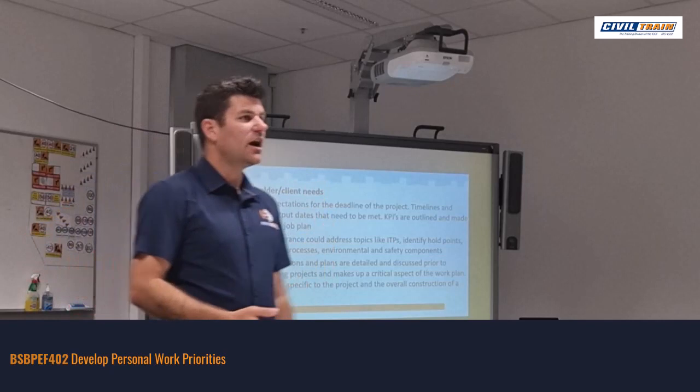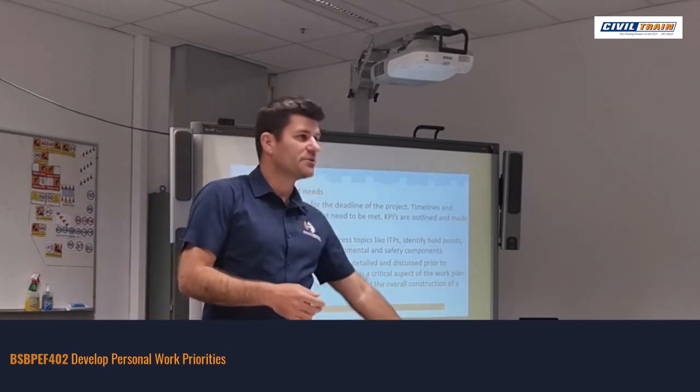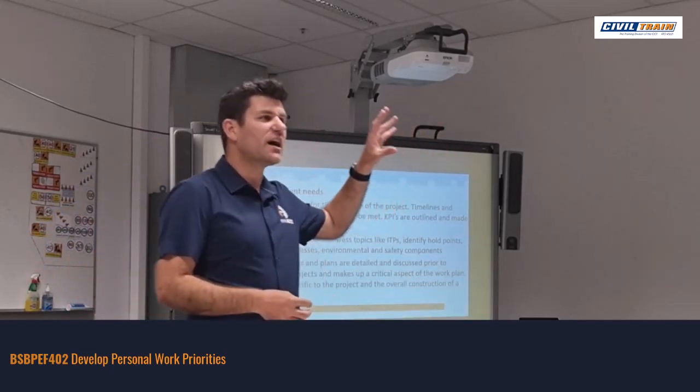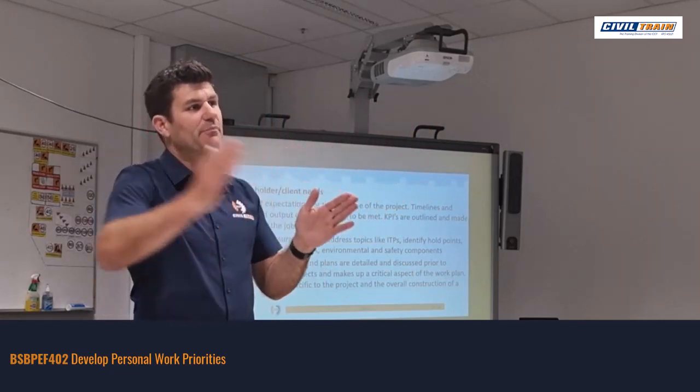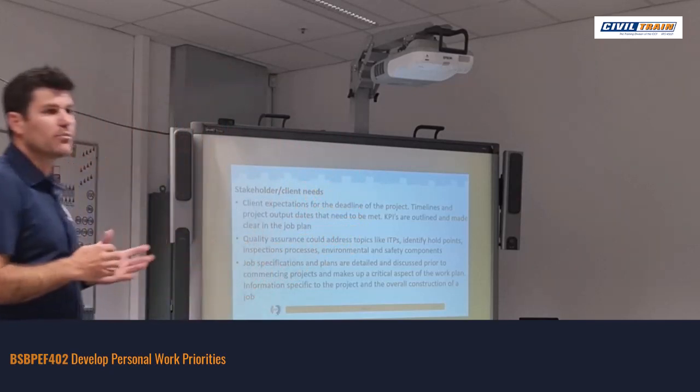All of a sudden you might need to create an ITP from your specification to identify those key areas to ensure that your works can happen in that progression. No doubt you're probably already familiar with that.